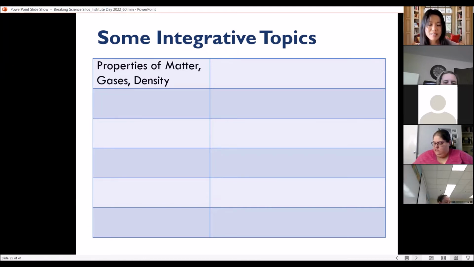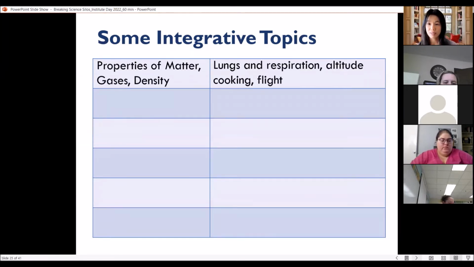So if you're teaching, let's say, properties of matter, gases, density, one thing you can look at is the lung and the respiratory system. You can look at how gases differ at different altitudes, so the idea of pressure cooking or altitude cooking. You could also look at pressure changes that happen while flying or just how flight even works.